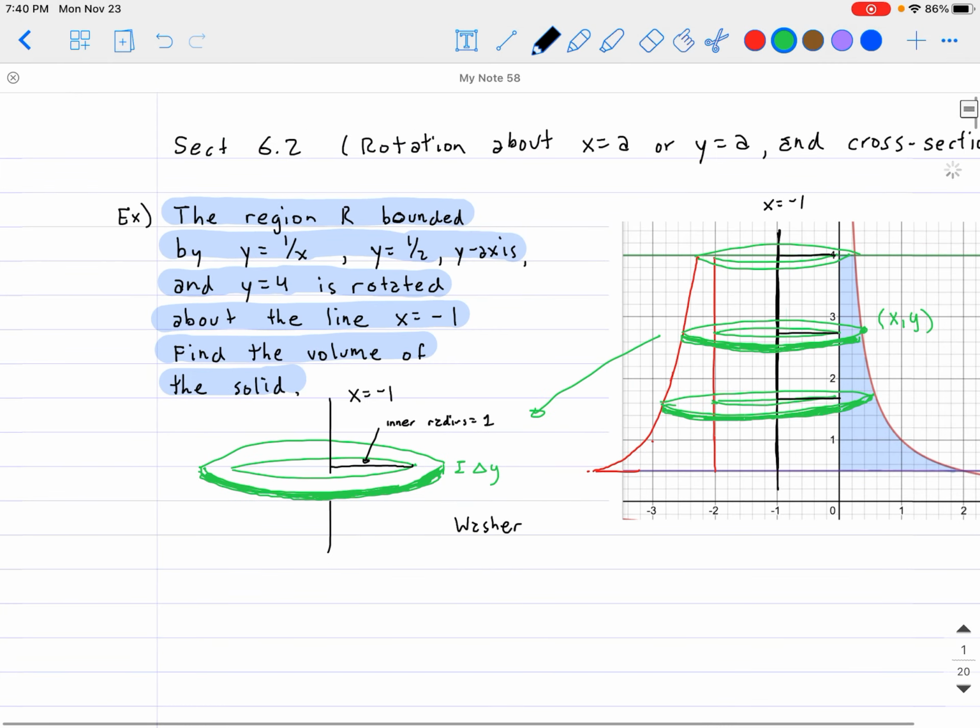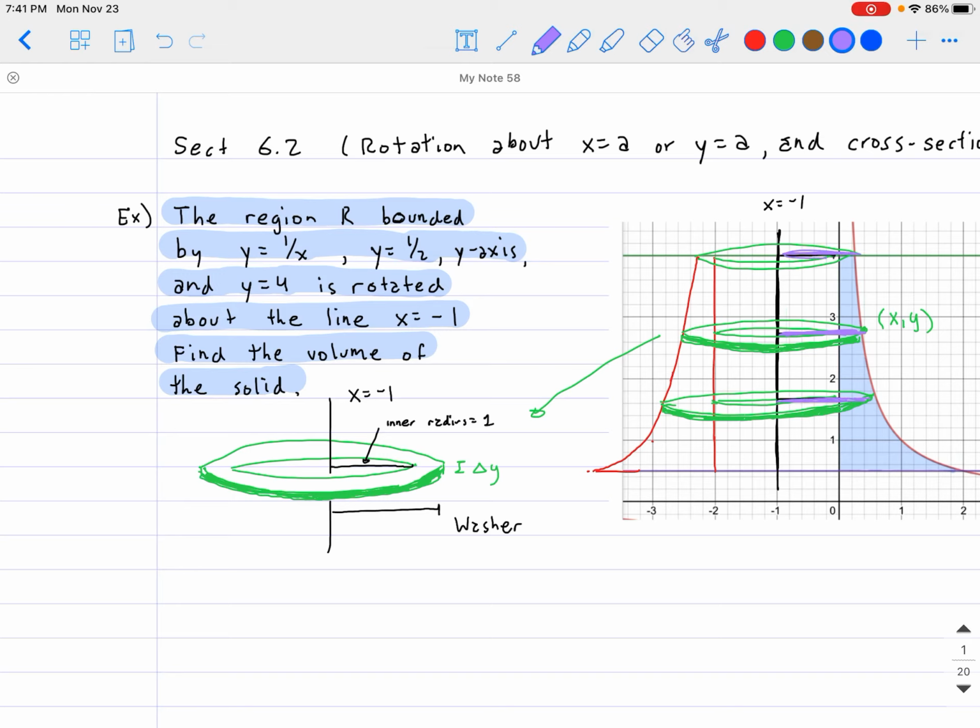Now your outer radius, that's going to be a little bit different. The outer radius is going to be this portion. Let's see if I can draw it on the picture over here. That is going to be the length from here all the way to here, or here all the way to here, and here all the way to here. Each time you'll notice that there's an inner part right here, which is consistent at 1.